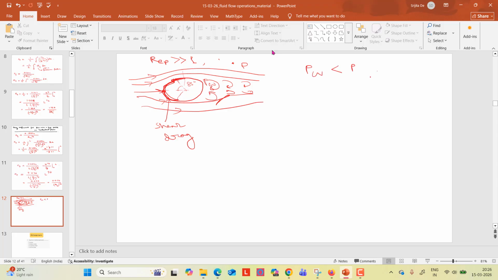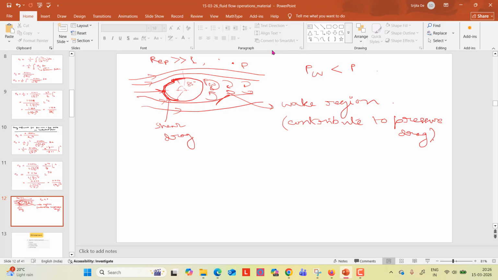This is called the wake region. This wake region contributes to pressure drag.